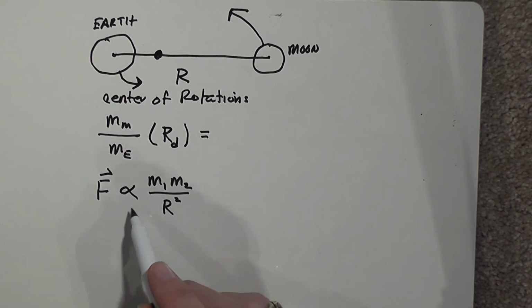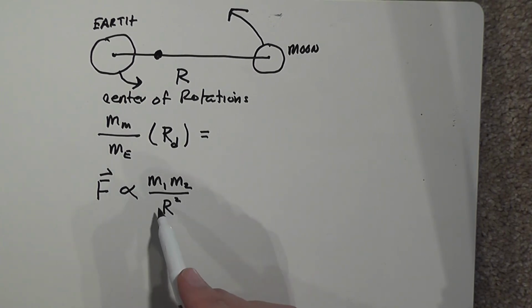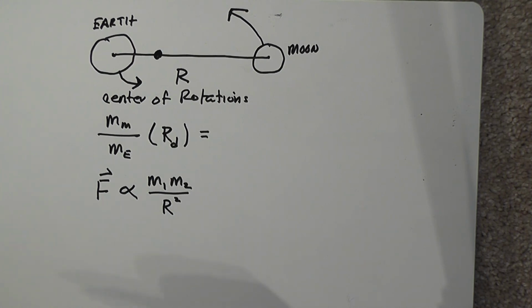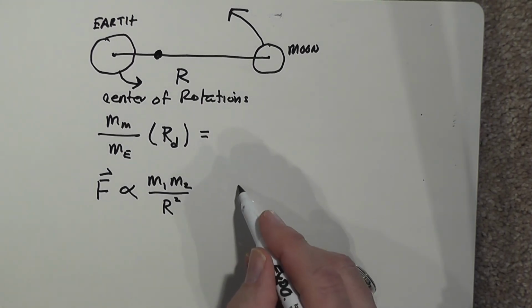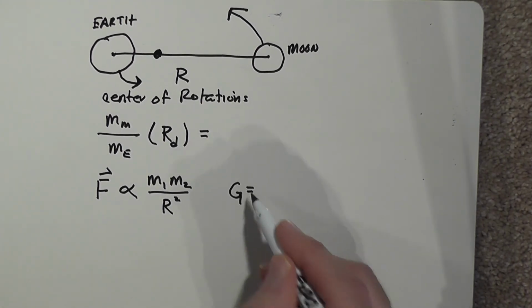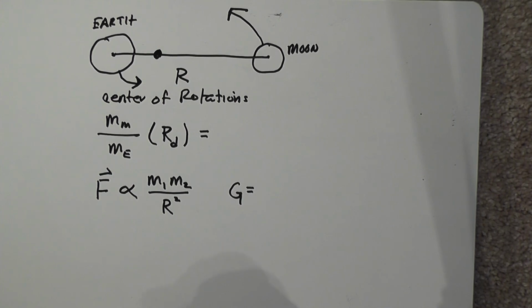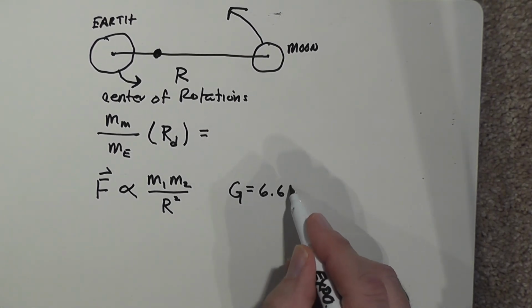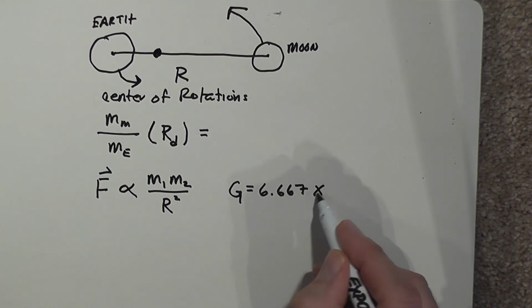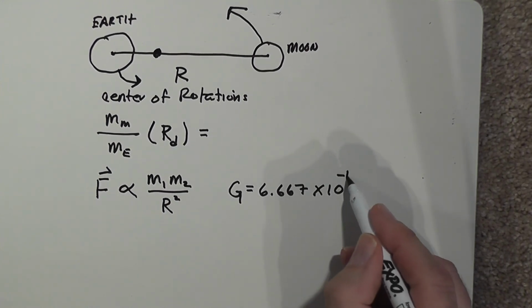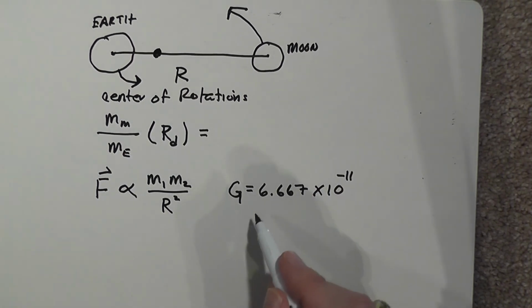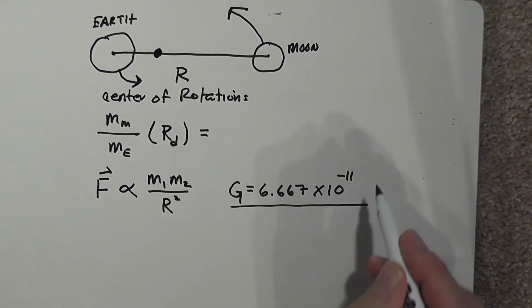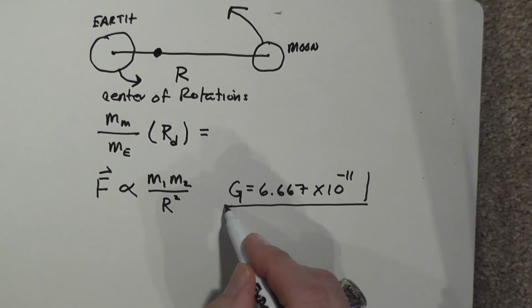The question is that this was a proportionality, but it did not tell us what the constant was. He had to do it by experimentation. And it turns out that experimentation revealed that the constant was a universal gravitational constant, and it came out to 6.667 times 10 to the negative 11. It's used in almost all calculations when we talk about planetary mechanics.